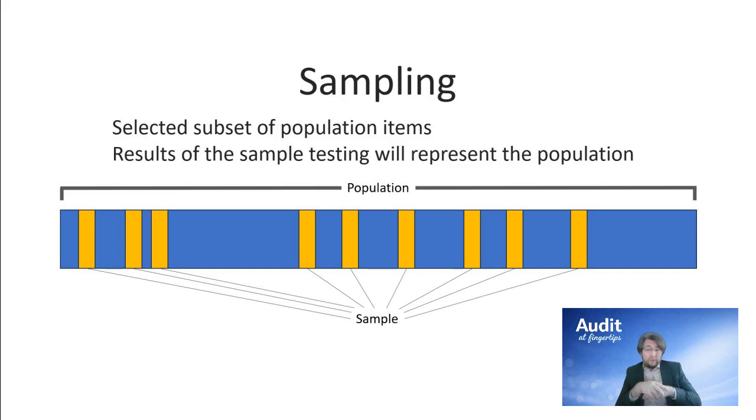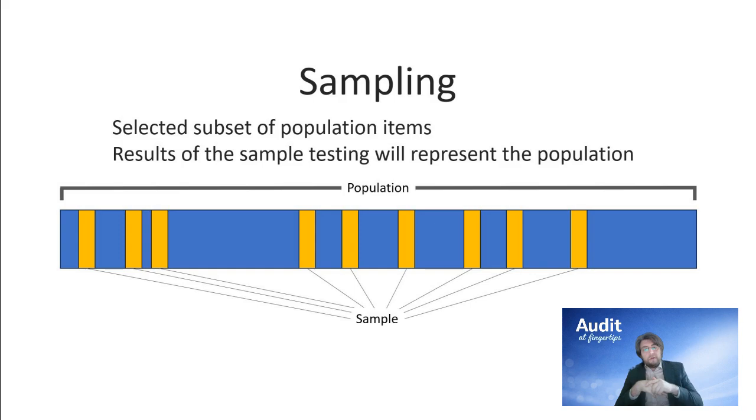It's not always needed, and sometimes you may think about non-statistical sampling. By the way, there could be cases where statistical sampling might not be efficient. It's when you don't have a statistically meaningful population, because you should have at least about 500 or 600 items in the population to make it statistically significant.